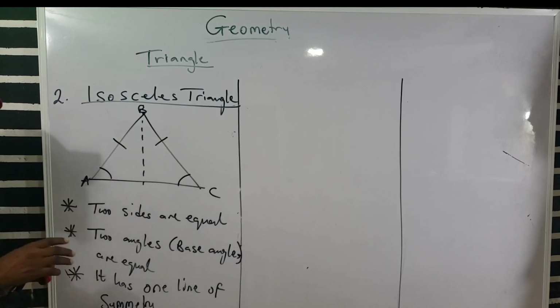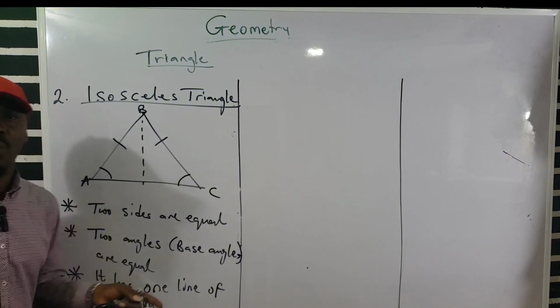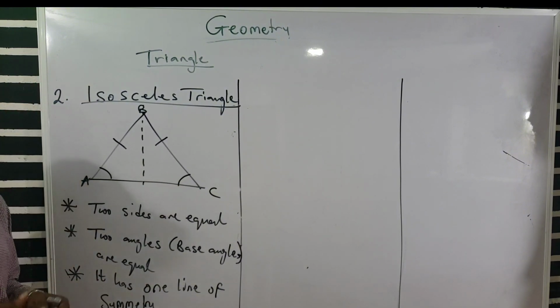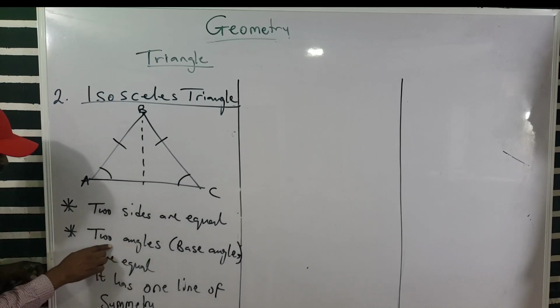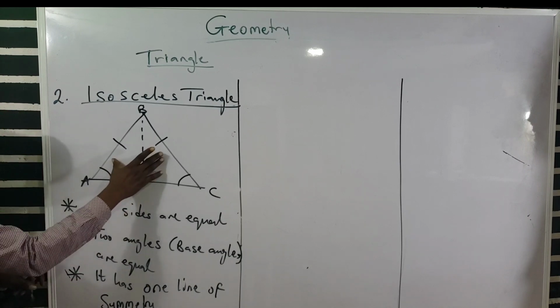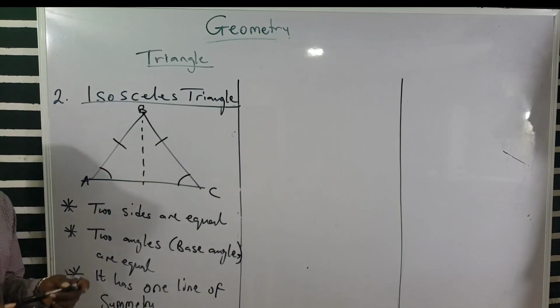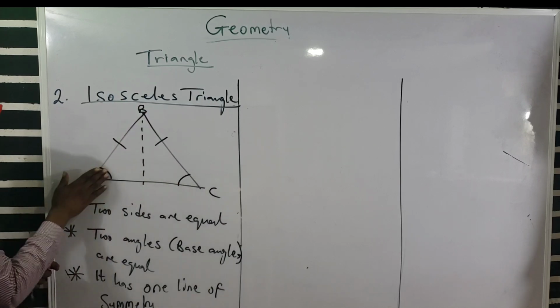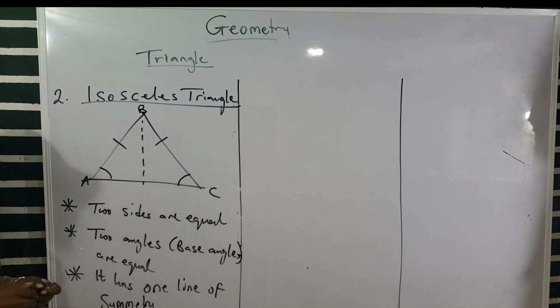But whichever two angles are equal, we regard that line as the base. This one has only one line of symmetry, which means you can cut here and fold it like this and both sides will look alike.